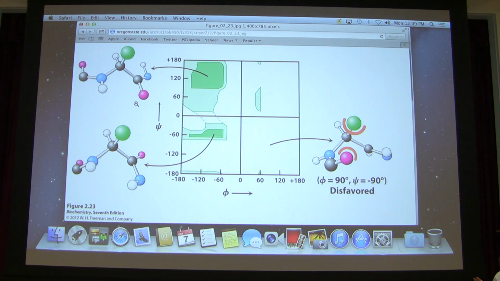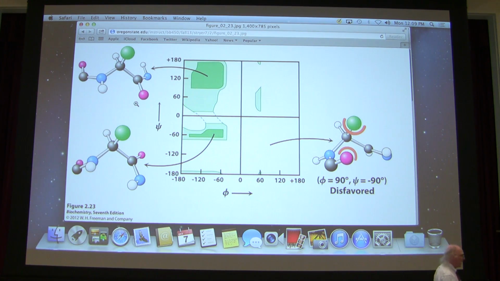That's not an important thing. But what is important is that only certain rotations around those bonds give rise to stable protein structures. Anything that's colored is relatively stable. The darker it is, the stabler it is. And the whites are regions of rotation around those bonds that are not stable.